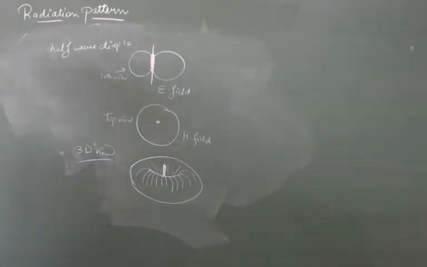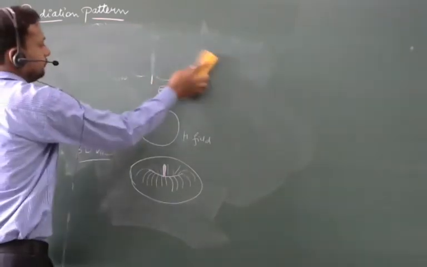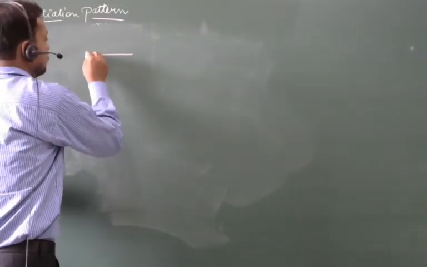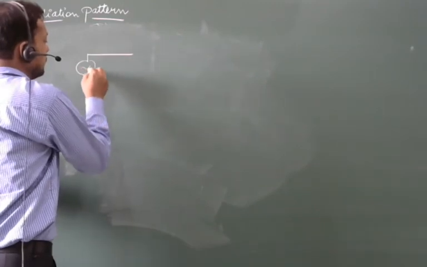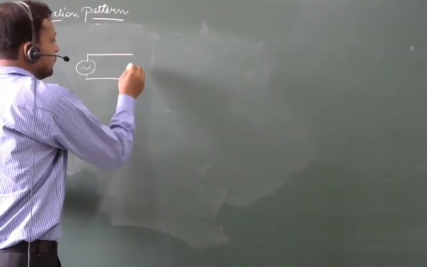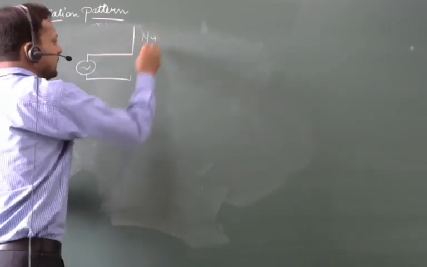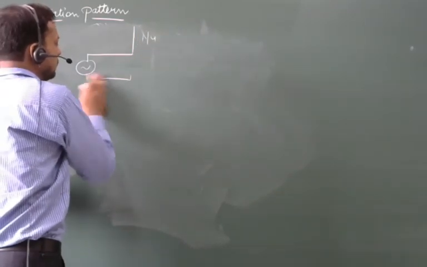Now consider another situation. In this situation, let us draw this diagram once again. So we have bended it. This is lambda by 4. This length is very small.